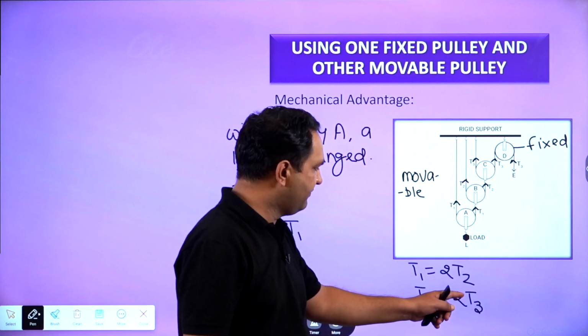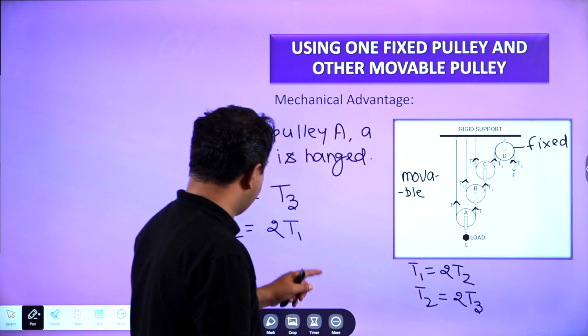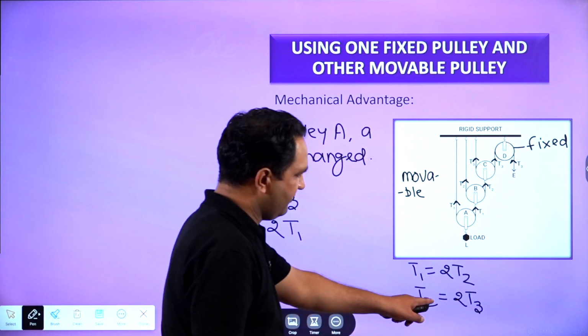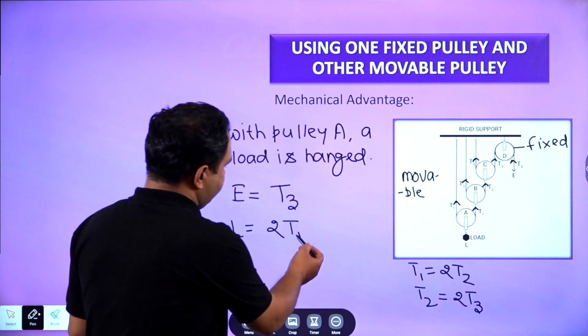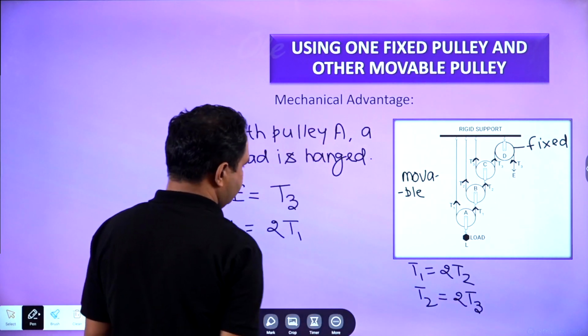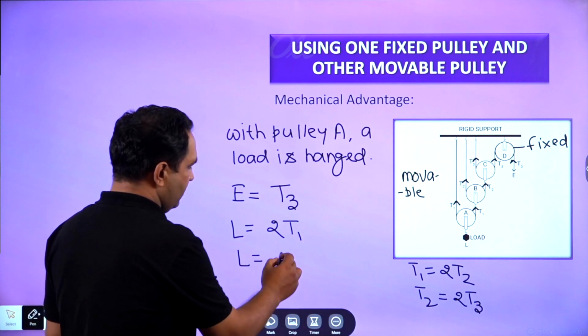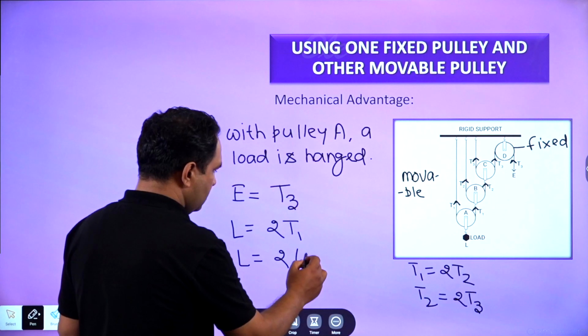We will put the value of T1 from here. So the value of load L is equal to 2T1, and T1 is equal to 2T2.